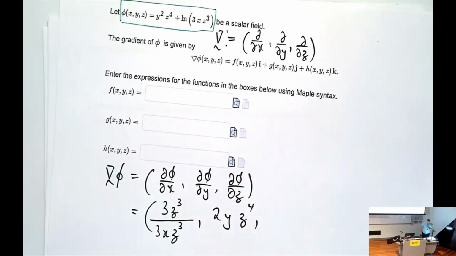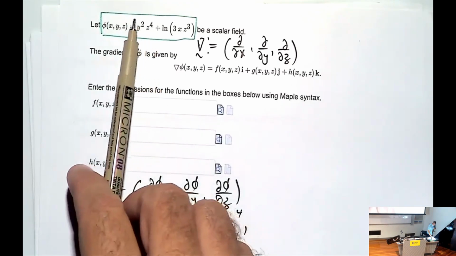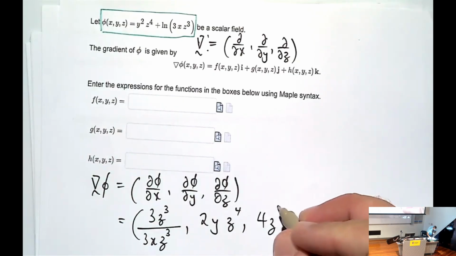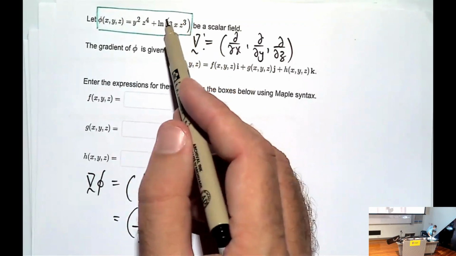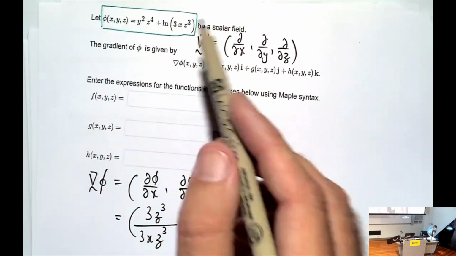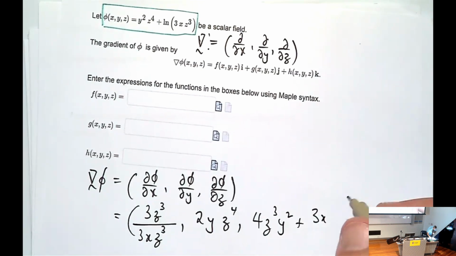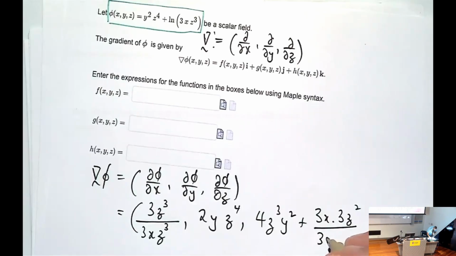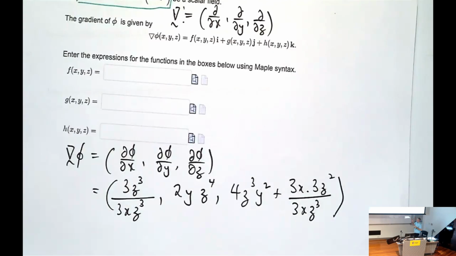And finally, differentiate with respect to z. So that's going to become 4z cubed times y squared. And then over here, the 3x is going to come to the front and everything on that's going to come to the bottom. Oh, hang on, no, 3x times 3z squared. Okay, and now it's just simplification.